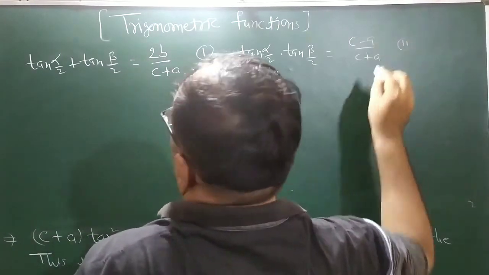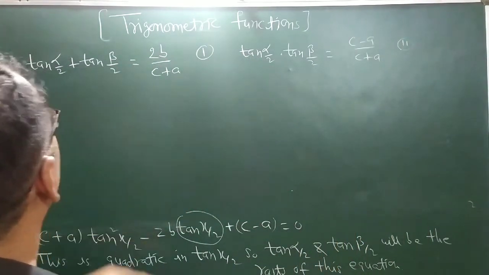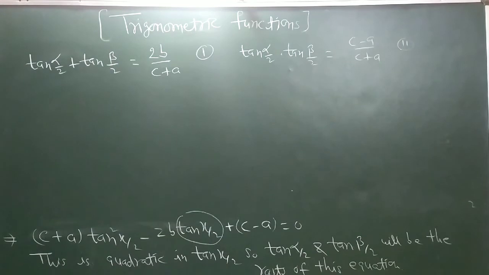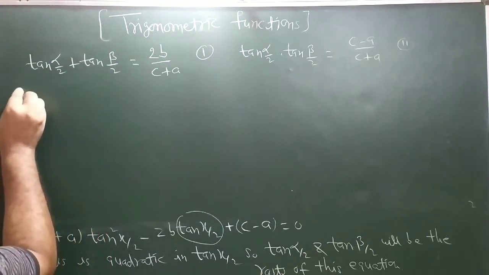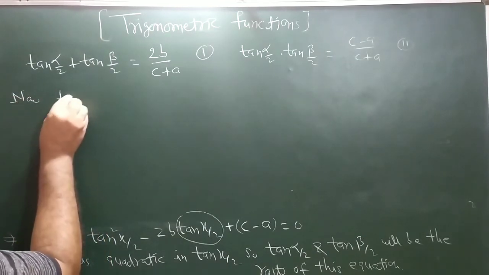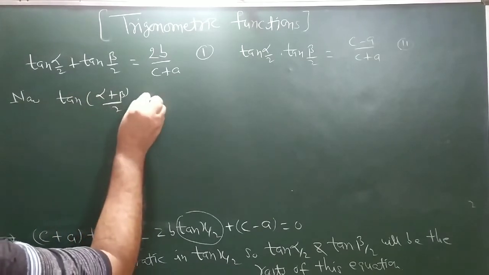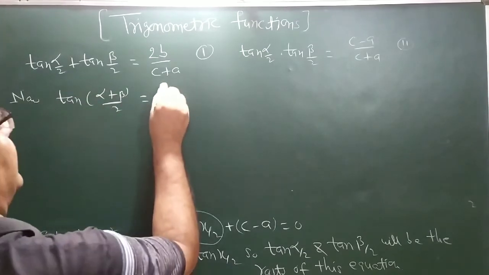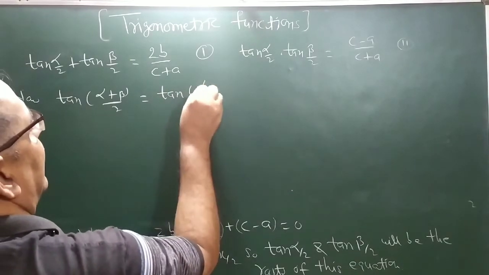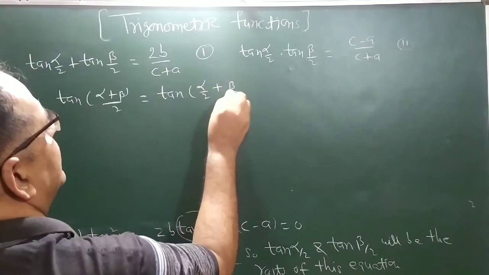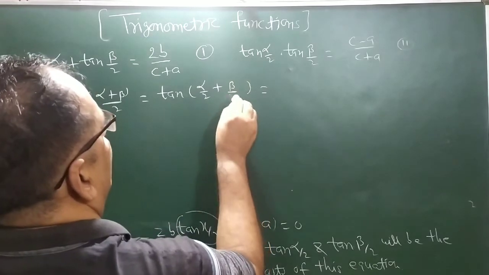So now we have the values of tan(alpha/2) plus tan(beta/2) and tan(alpha/2) into tan(beta/2). Now tan of (alpha plus beta)/2 can be written as tan(alpha/2 plus beta/2). Apply the identity of tan(A plus B).